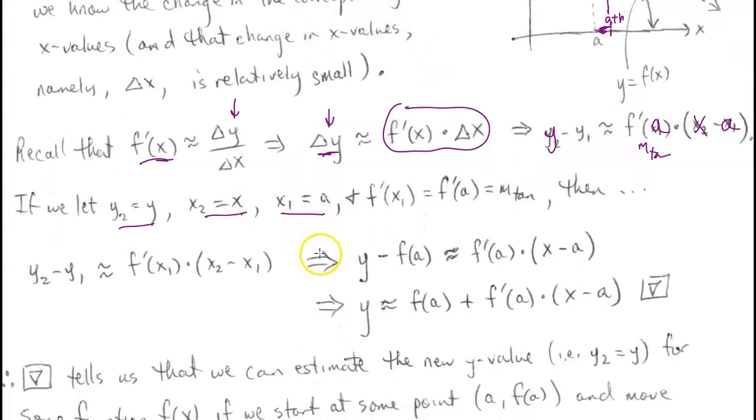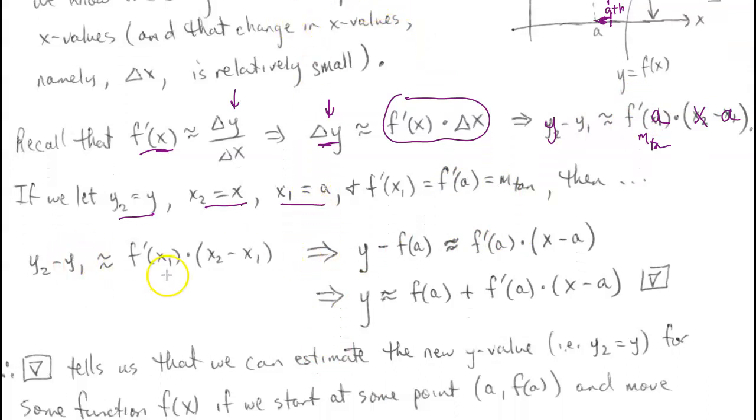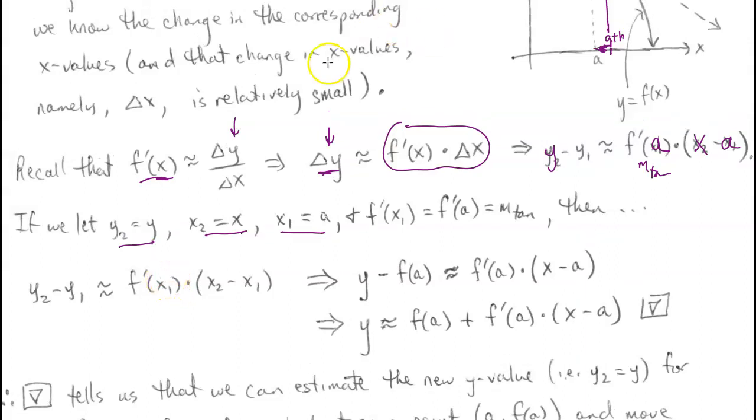I think I got them all covered here. Then, oh, yeah, I forgot one. There should be y sub 1. Yeah, so y sub 1 should just be f of a. I thought I stated that somewhere, but I didn't. So this is f of a here.